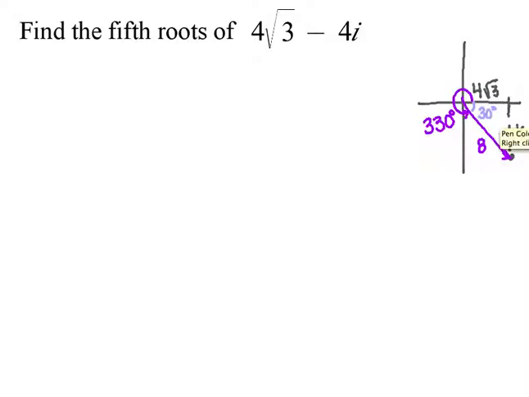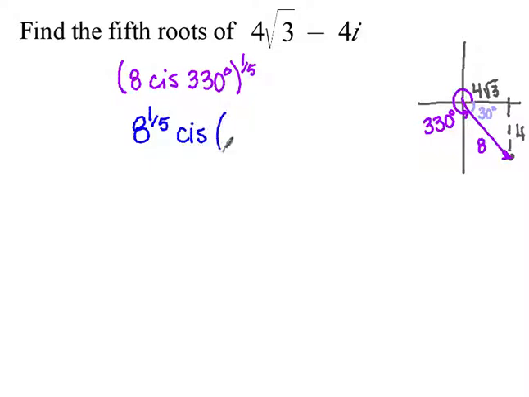So to find the fifth roots, I have 8 cis 330, and I'm going to take that to the 1/5 power. So that means 8 to the 1/5 cis.